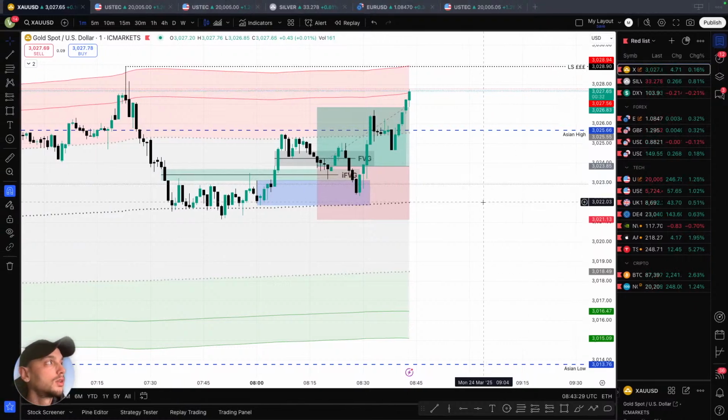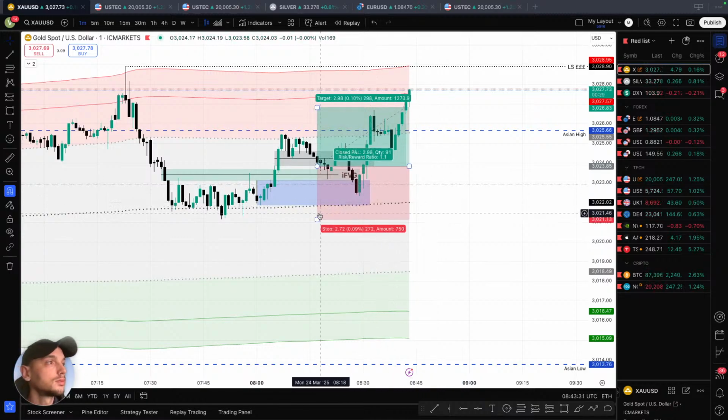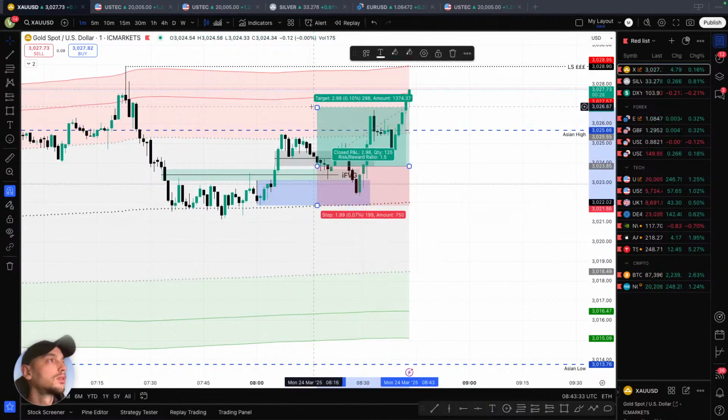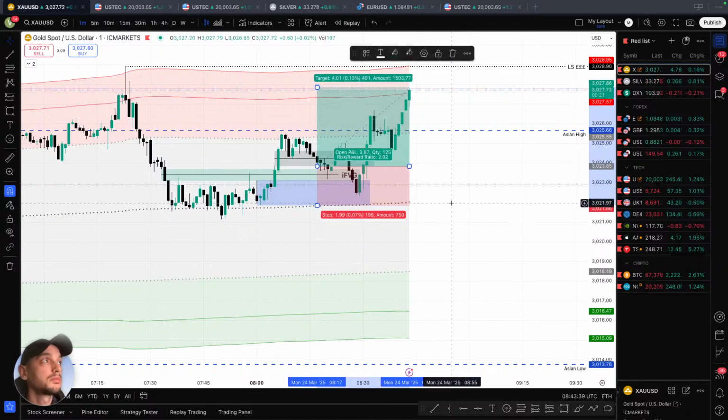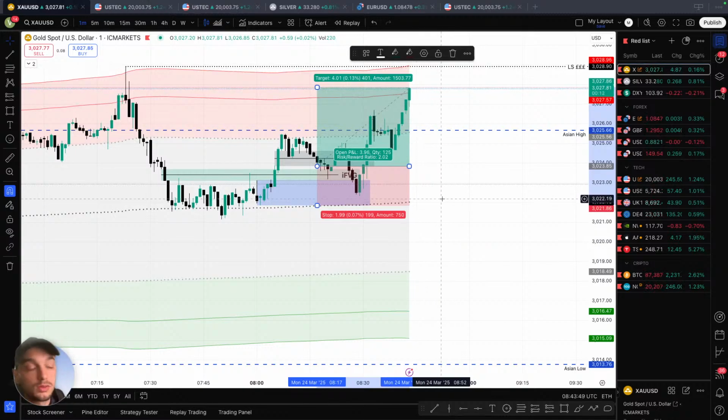Hopefully you ride this with me. It's 2 hours at the moment, so if you didn't take it out, now I guess it's a good moment to take it out. You can wait for this liquidity sweep, but very often you can see how the price just reverses with gold, how it just reversed before that. So 2 hours, it's a good one as well.